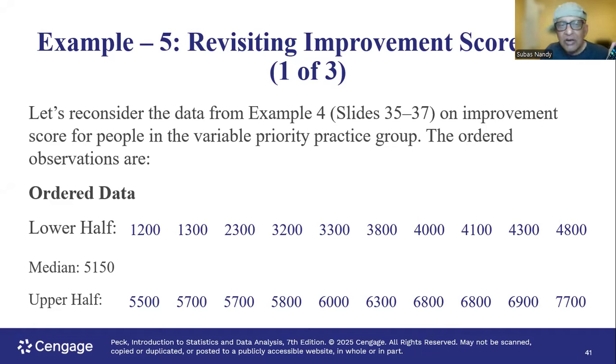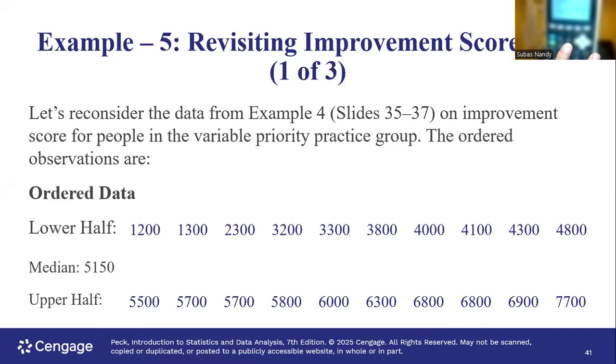Okay, let's reconsider the data from example 4 on improvement scores for people in a variable priority practice group. The ordered observations, okay, so this is the entire data set. We are going to enter this entire data set, 20 data points, in L1 of the calculator. How do I get started?